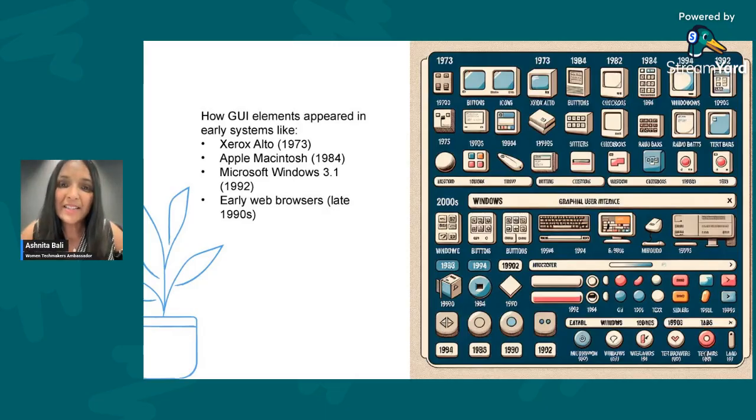I tried to ask the AI to create some sort of visual representation of how the different GUI elements would have appeared in the early systems. And it has created some diagram, which I think looks cool.